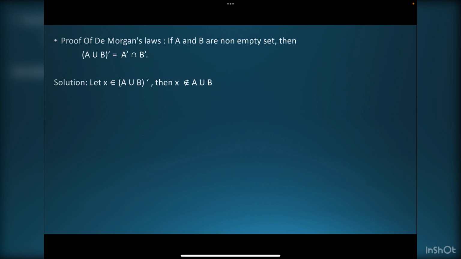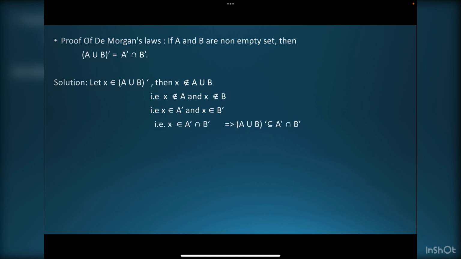So let's take x belongs to (A union B) complement. That means x doesn't belong to A union B. So that means x doesn't belong to A and x doesn't belong to B. That means x belongs to A complement and x belongs to B complement.